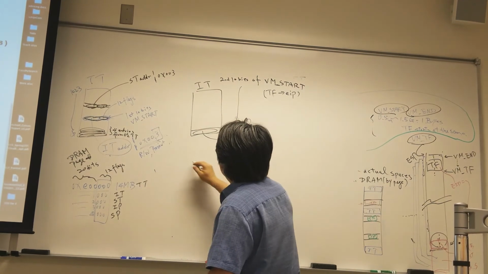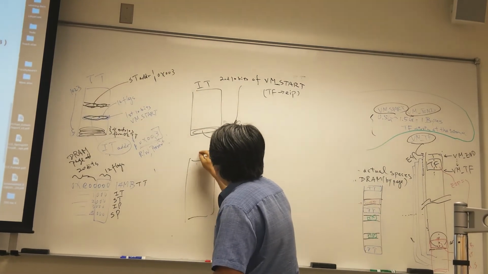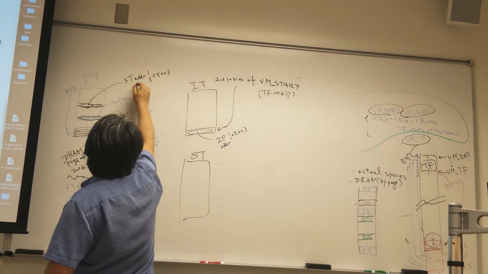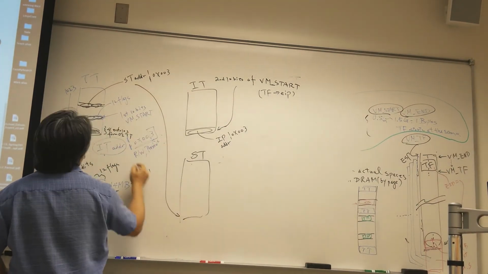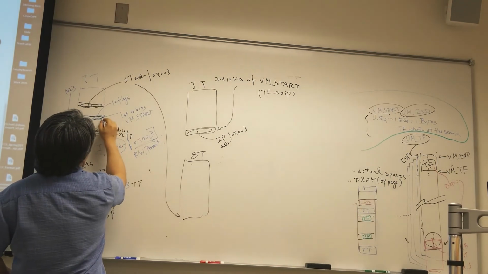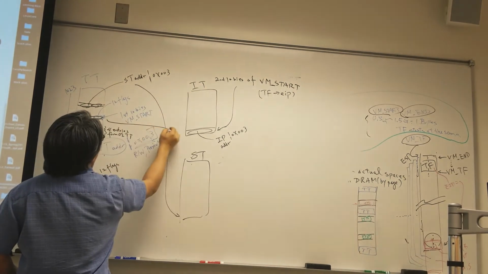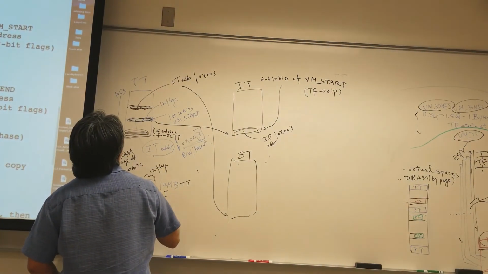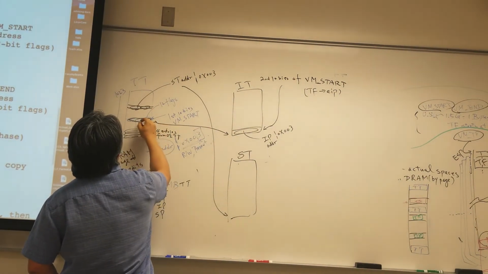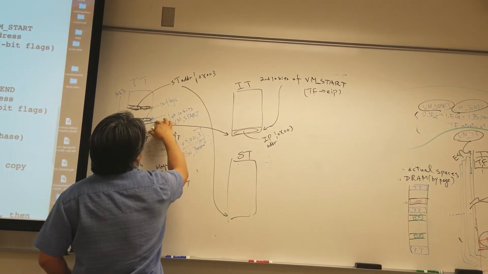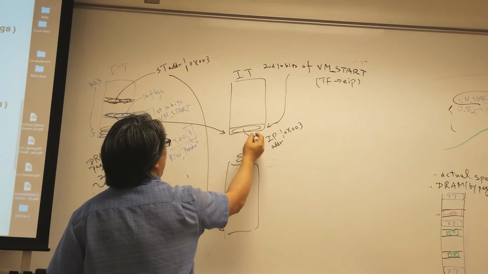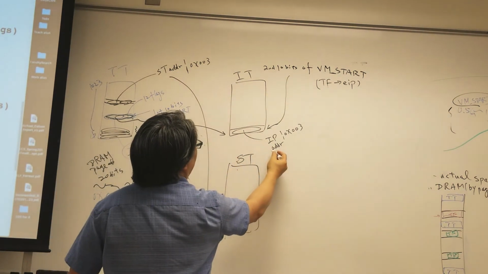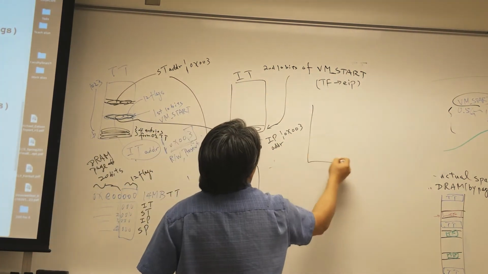Others are not entry. And then the stack table, another subtable, this guy points to. This guy points to the IP instruction table. And then in the instruction table, the first entry, entry 0, is going to point to the instruction page.